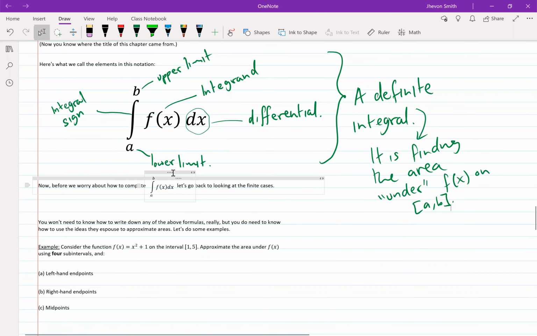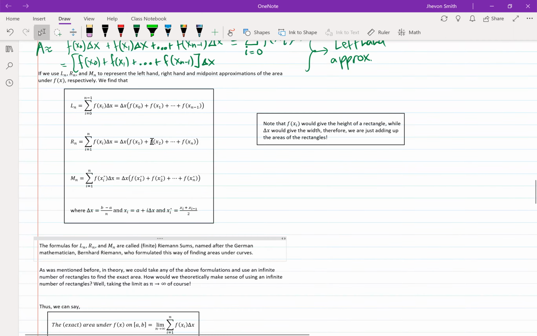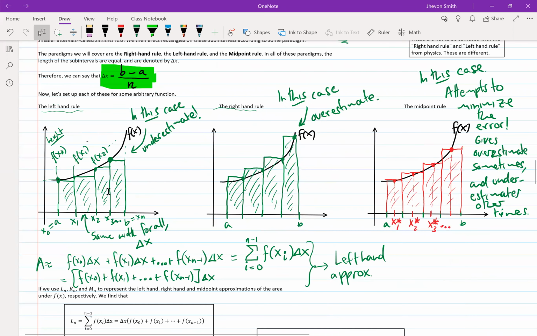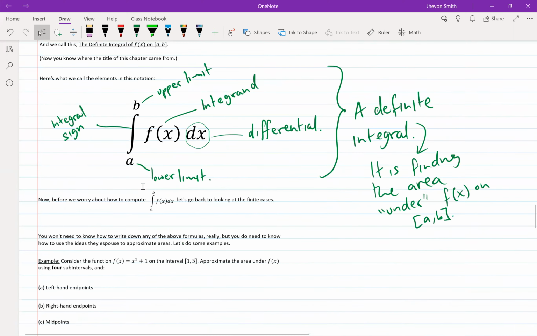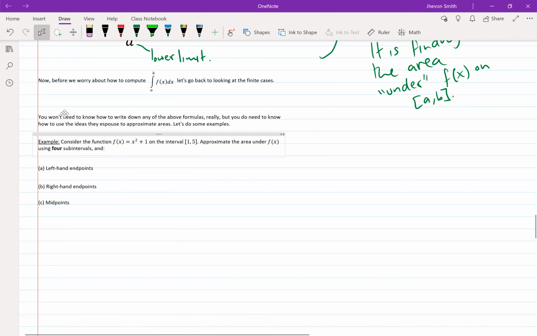Now, before I show you how to actually compute those, let's go back and make sure that we understand the finite case, because this is something I'm definitely going to test you on. So here's how a specific example might look. Like I said, you won't need to write down any of the above formulas.